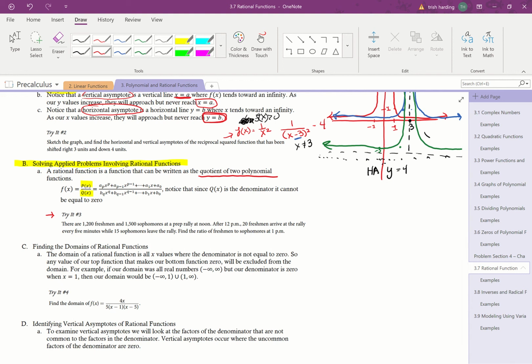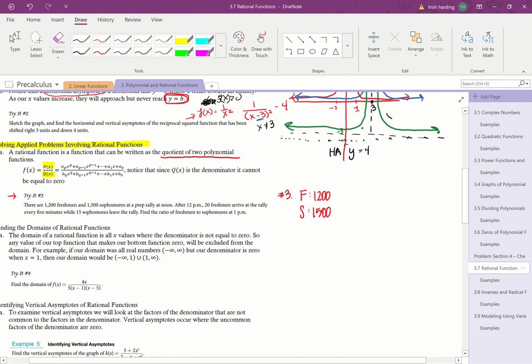So what we're going to look at here is we have freshmen are 1,200, sophomores are 1,500, and that's what we have at noon.